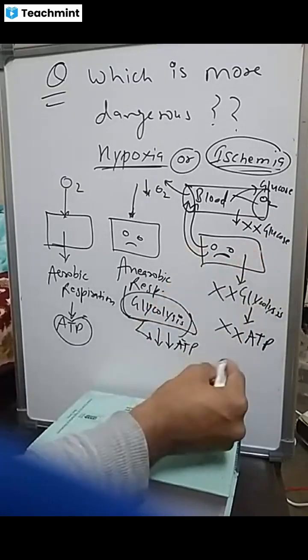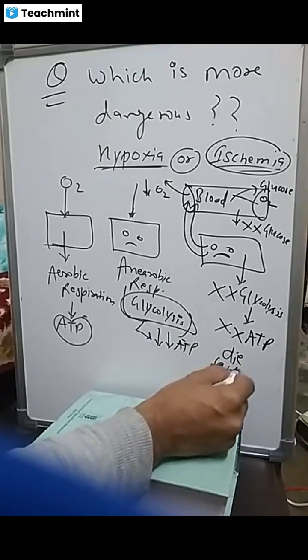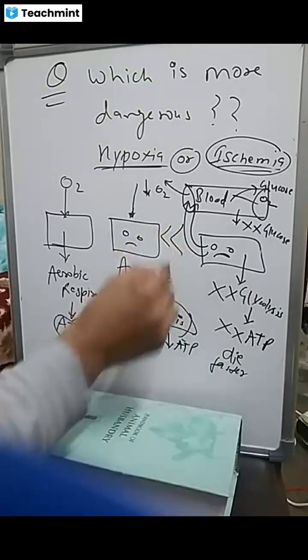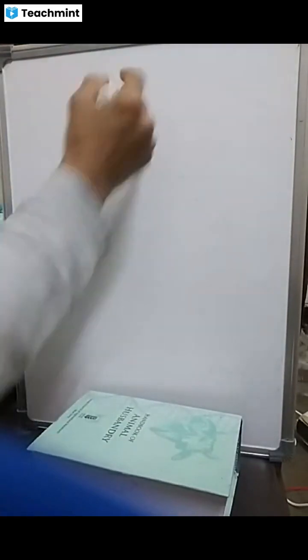These cells will die faster than the hypoxic cell. So ischemia is more dangerous than hypoxia.